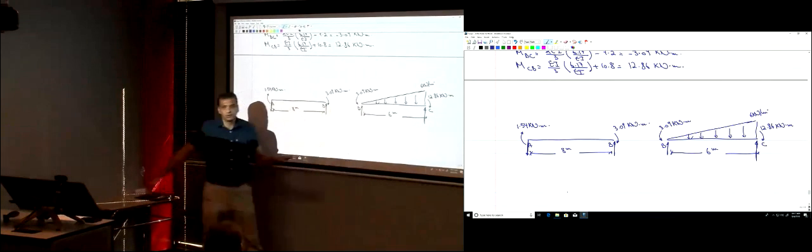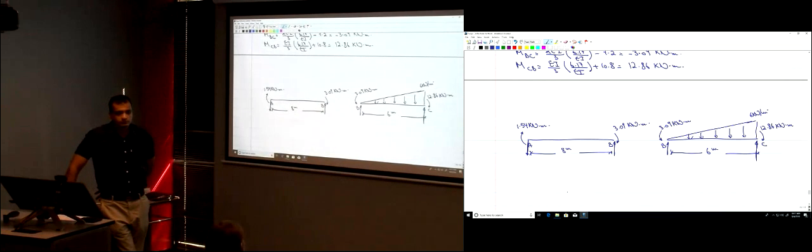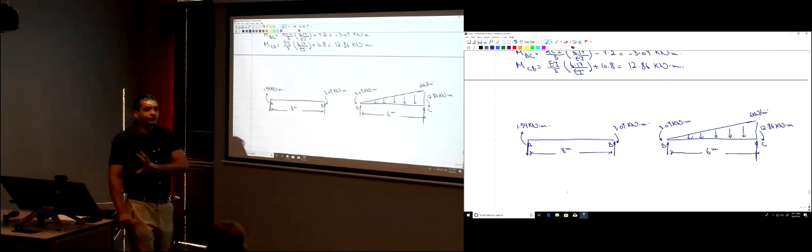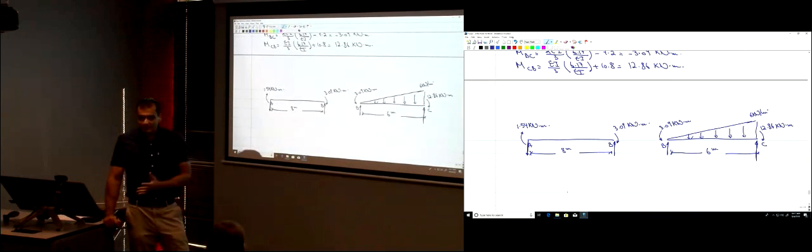Is it positive or negative 3.09? Positive? Negative? Both. What does the slope deflection equation say? Positive is clockwise, negative is counterclockwise, right? But what did I just tell you? Forget the slope deflection method.